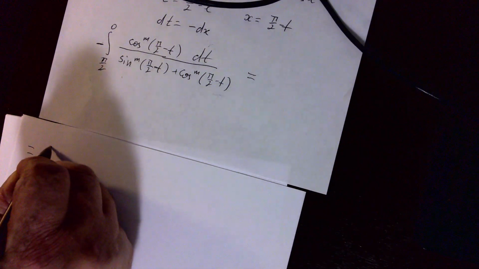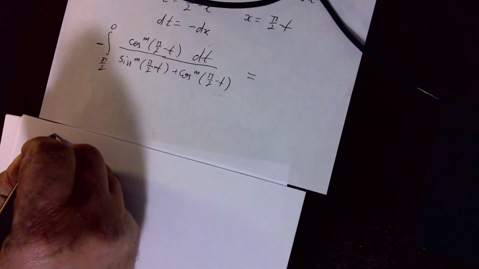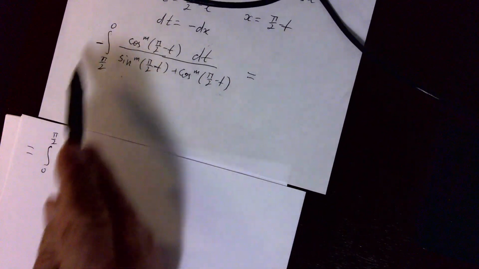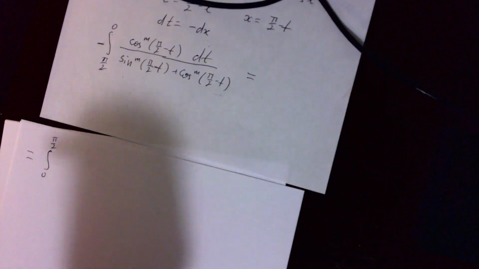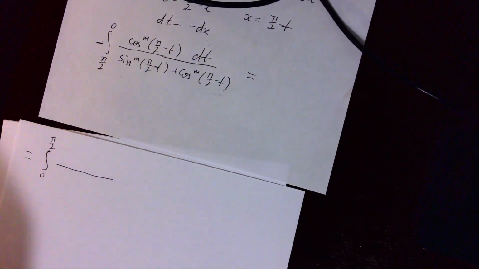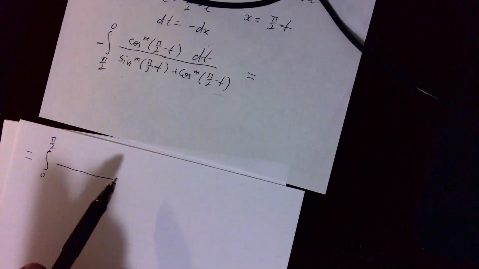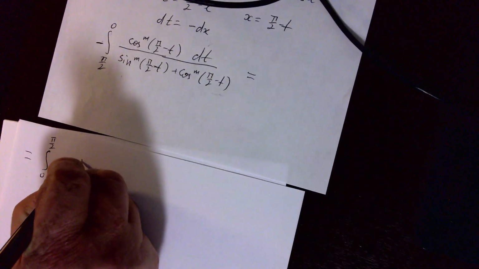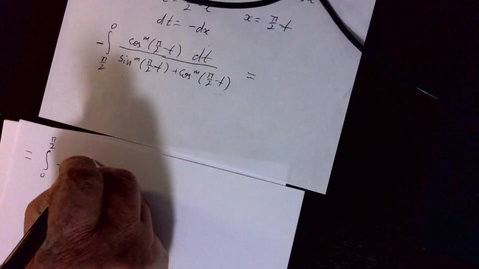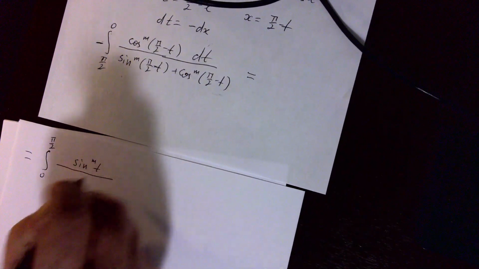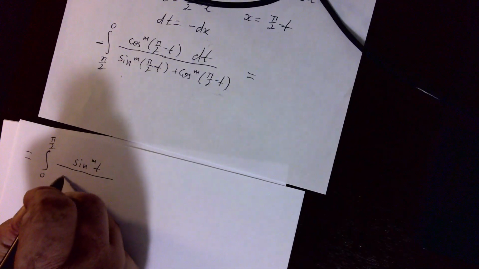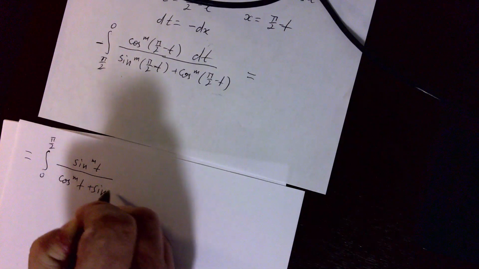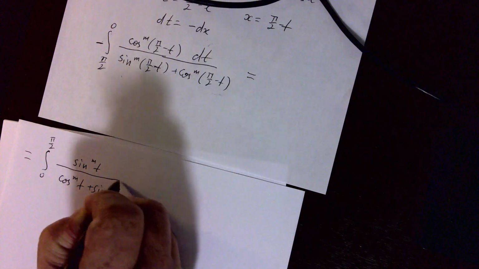So it will be the same as the integral from 0 to pi over 2, now with a plus sign, since the minus flips to plus. Now by the trigonometric identity, cosine of pi over 2 minus t is sine of t. So we have sine to the power m of t over cosine to the power m t plus sine to the power m t dt.